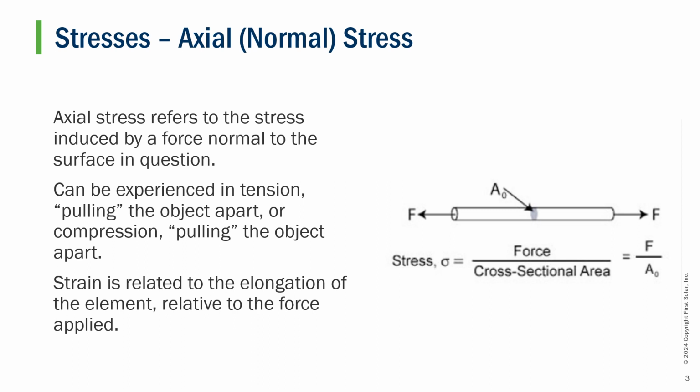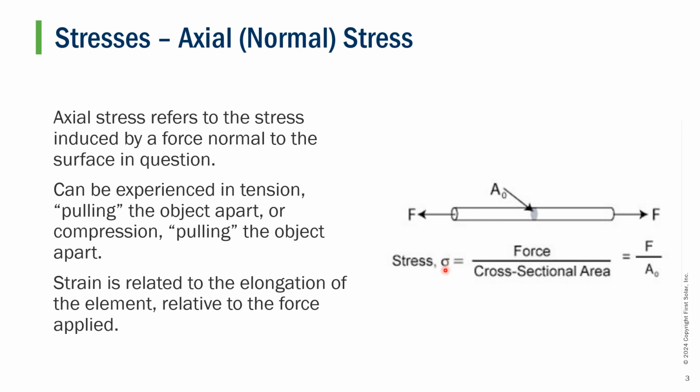If you have a beam or a member, a force will be pulling on it away like it's depicted in this picture, and that will be subjected to a tension force, or reverse this arrow to receive a compression force where you're basically pushing inward on this member. And the strain that is related to any normal stress is typically just the elongation of this member or element relative to the normal force that's applied.